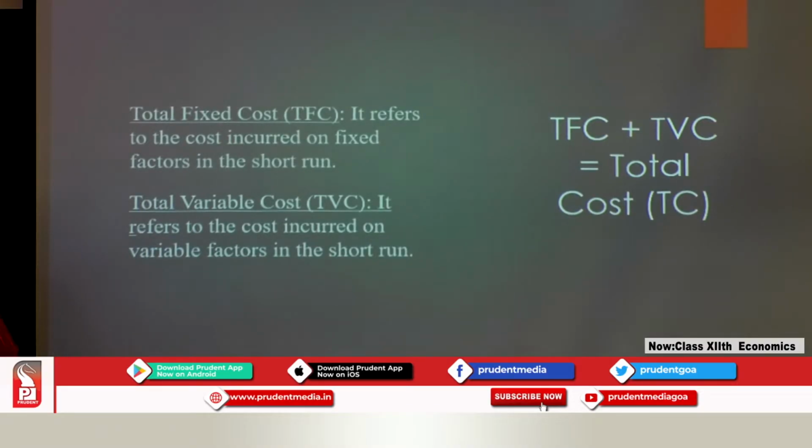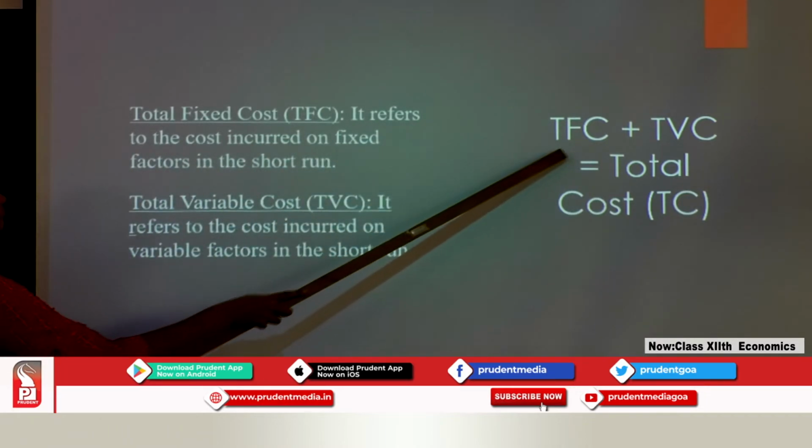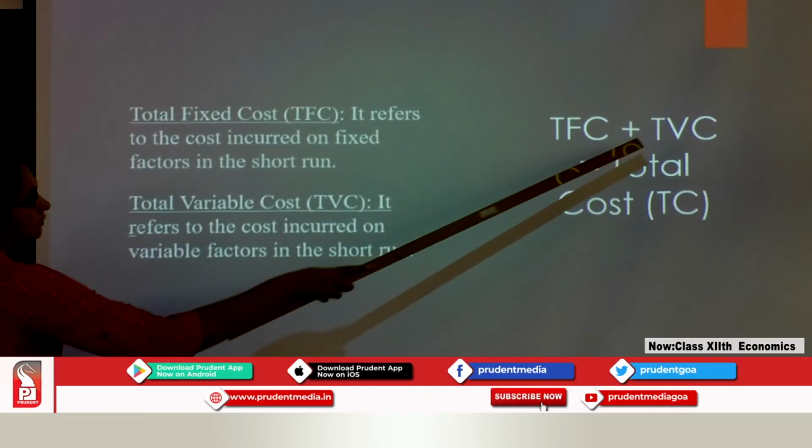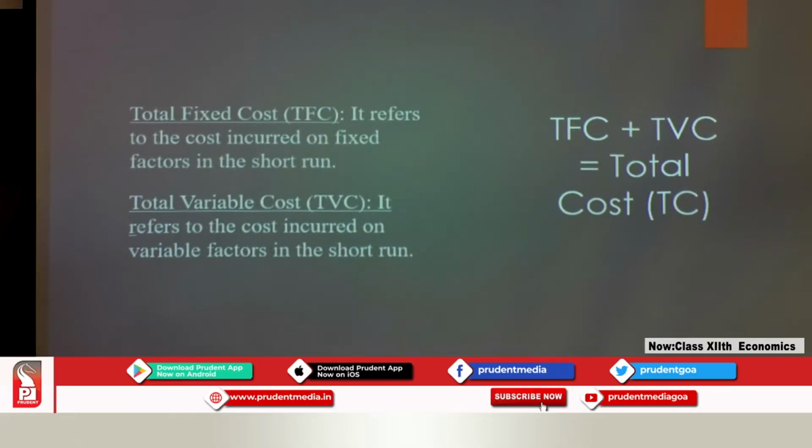So the money that he will be spending on cash payments as well as payments in kind, all that will become his total variable cost. And when we add the total fixed cost to the total variable cost, we get the total cost in the short run.